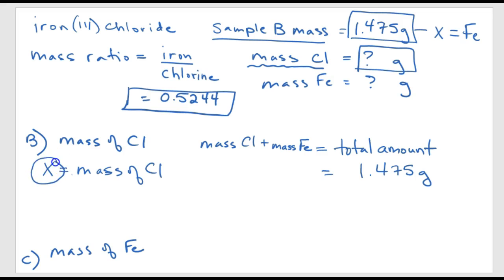Now I already said that we're going to designate the mass of the chlorine as x. So I'm going to take out the English translation of that and translate it into math. So mass of chlorine becomes x, and then I'm going to add that to the mass of my iron.